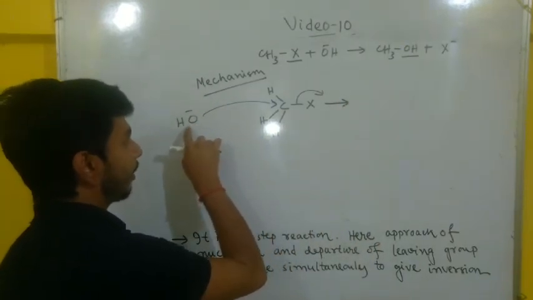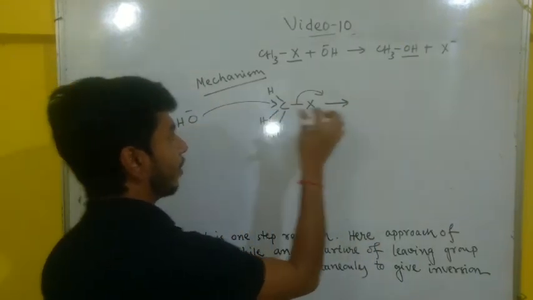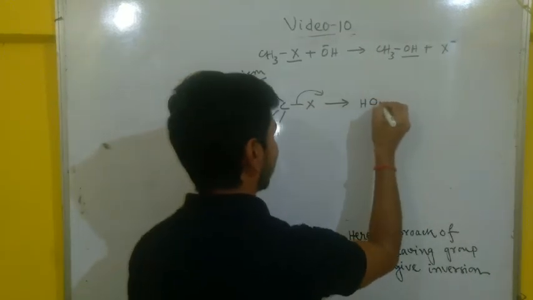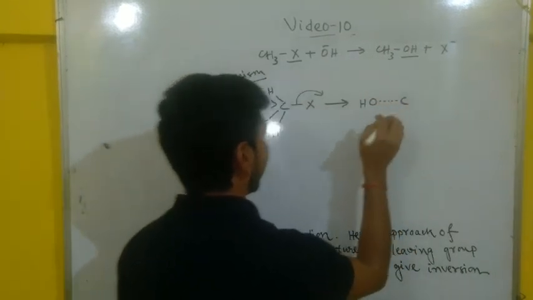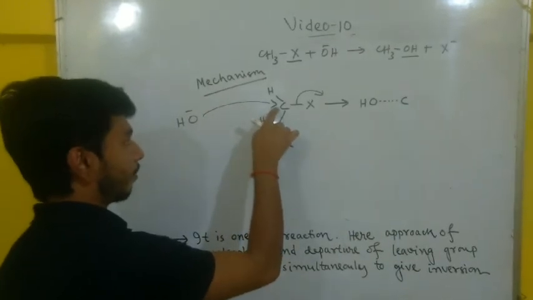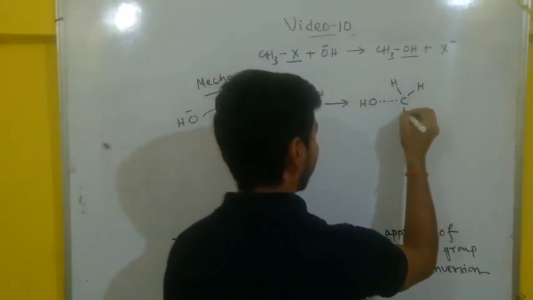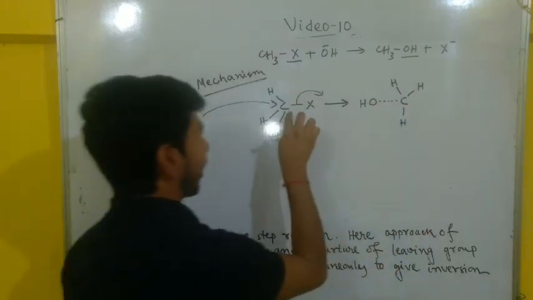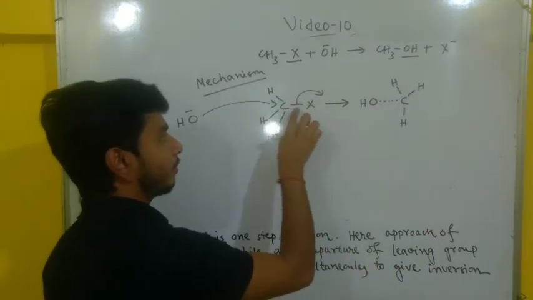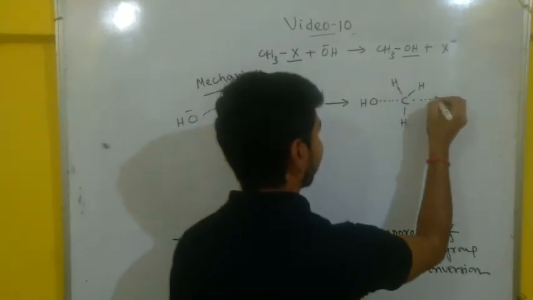This nucleophile is now forming the bond with carbon. So nucleophile is starting to form the bond with the carbon, and there are 3 hydrogens, and the carbon and halogen bond is starting to break.